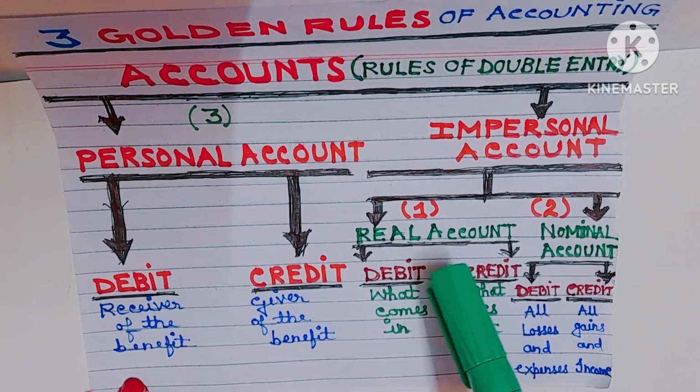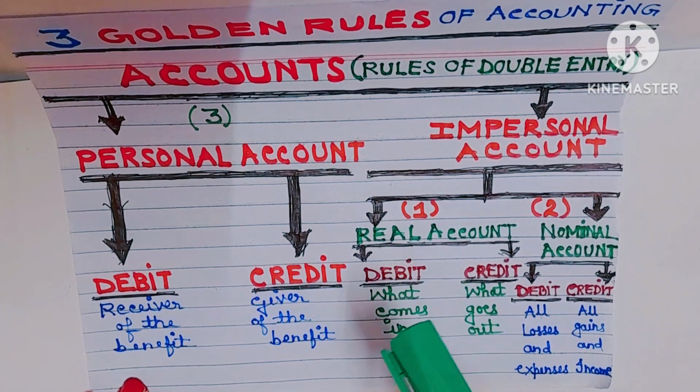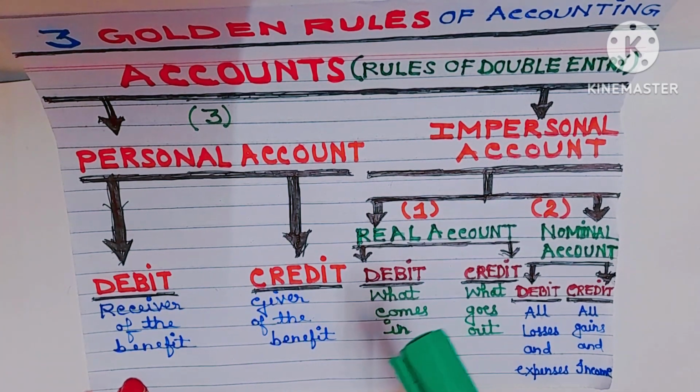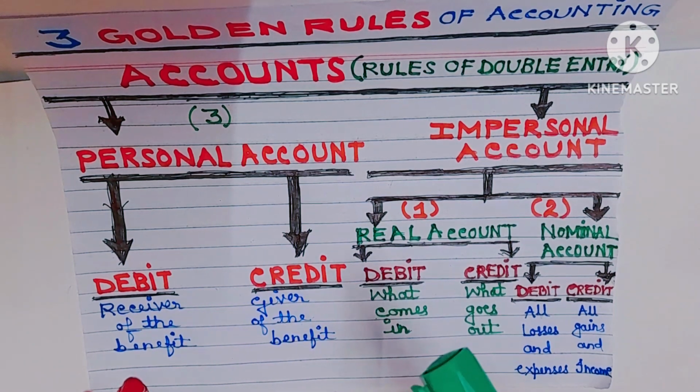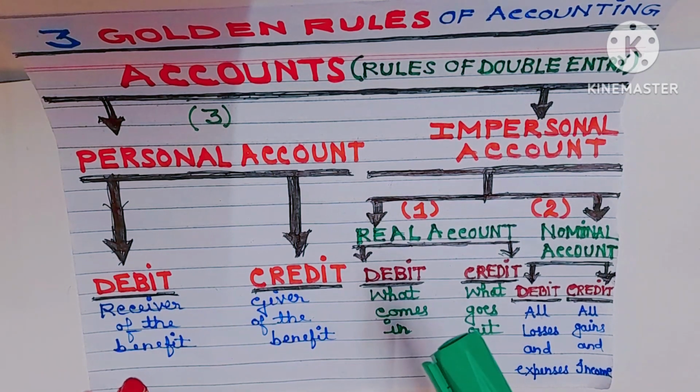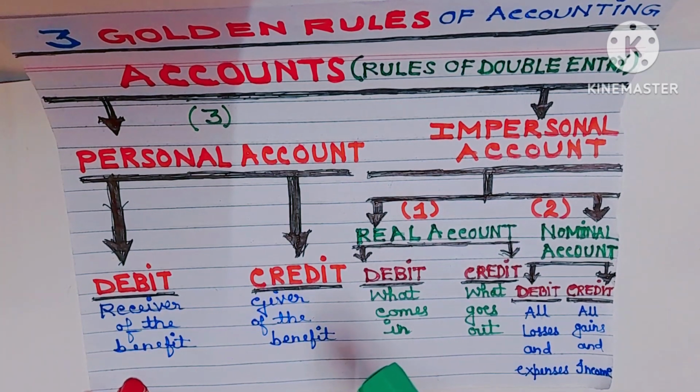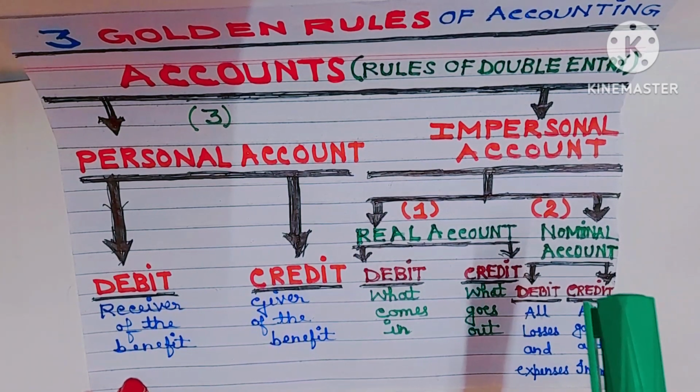A real account is an account related to all assets of a firm, which are tangible or intangible. Real account is then classified into 2 subcategories. One is tangible real account. Number 2 is intangible real account. Tangible assets have physical existence.